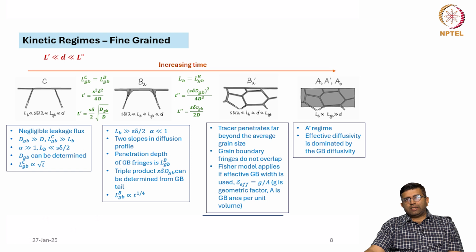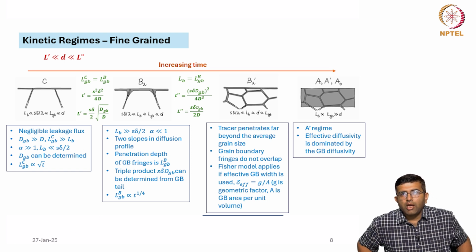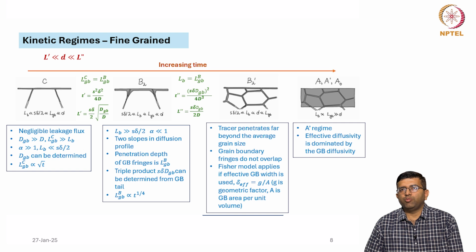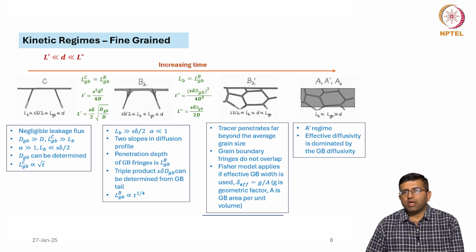Now here there is a small change that occurs. Instead of going from B2 to B4, it goes from B2 to B2 dash. So here the tracer penetrates far beyond the average grain size, and in this condition you see that LGB was less than d, but as the time progresses, d becomes less than LGB.